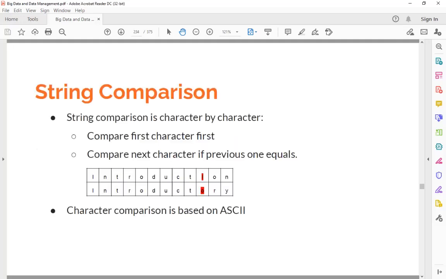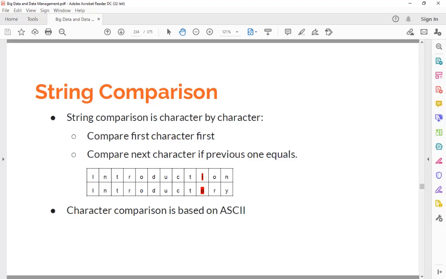So first of all, how do we do string comparison? Text comparison is actually character by character because each text string is a series of characters, right? So when we compare two strings, we compare the first char first. If the first chars are equal, then we compare the next, then the next, until finally we can determine which one is larger. Here we have a comparison between Introduction and Introductory.